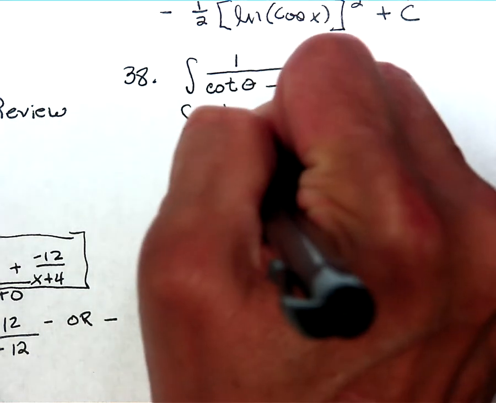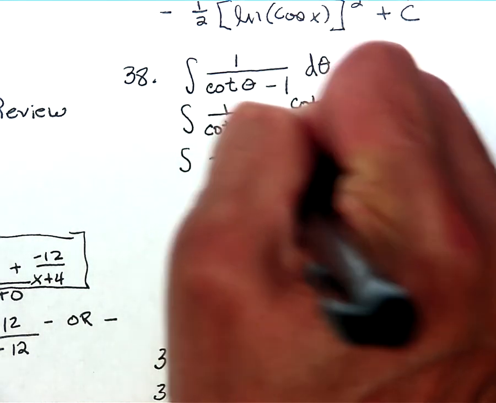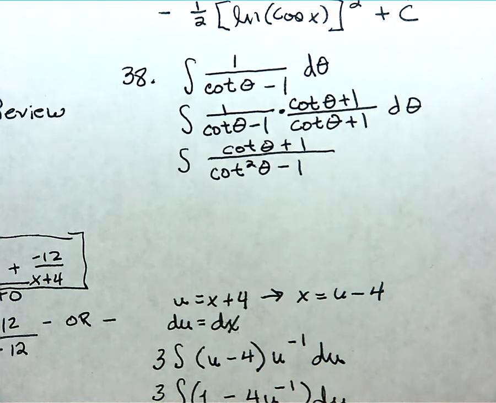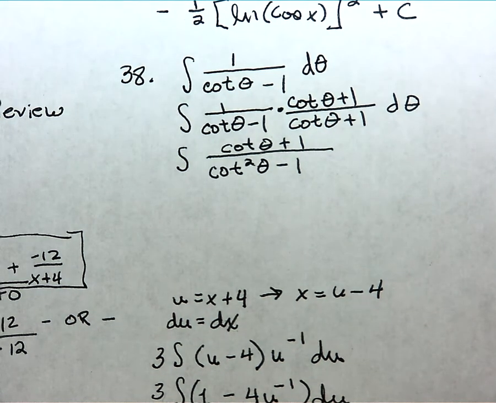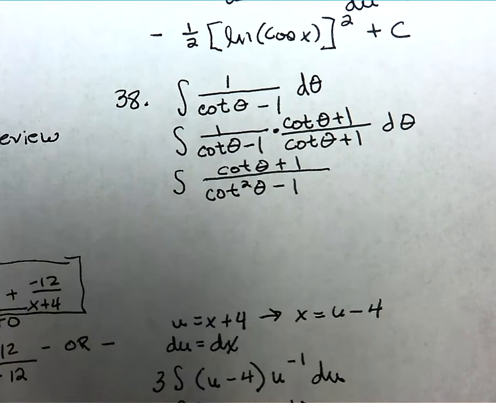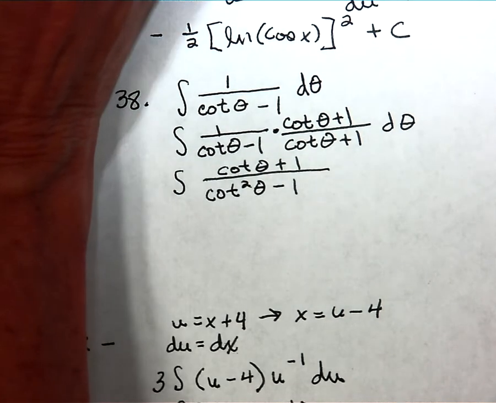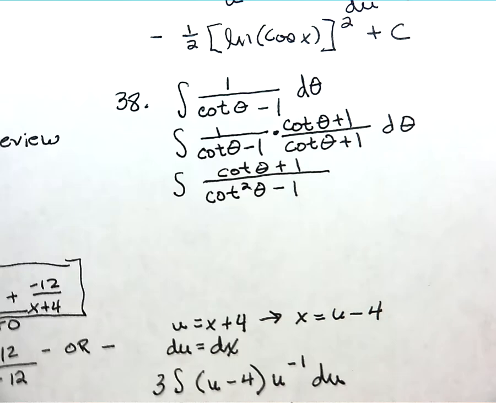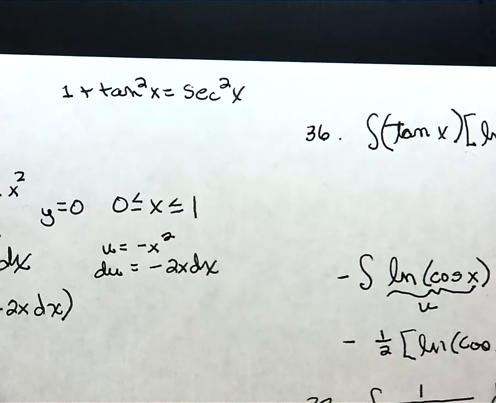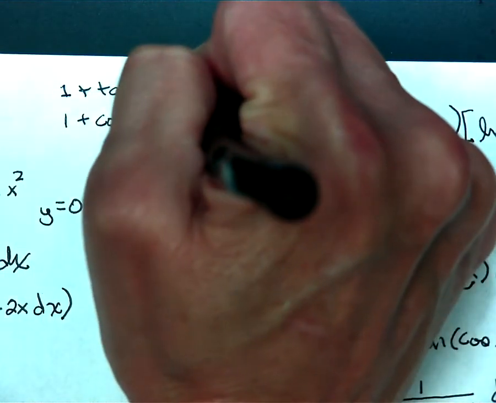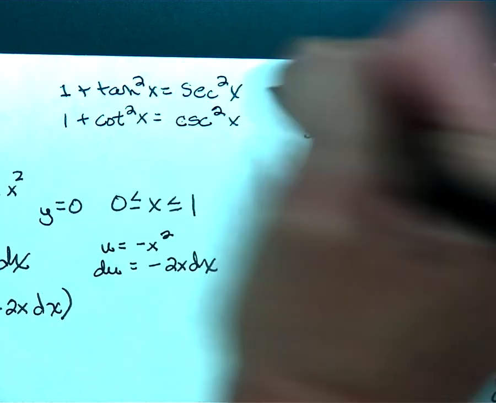becomes cotangent squared theta minus 1. And I might just have to have my Pythagorean identities written down at the top of my paper. Certainly I can write them down if I need it. 1 plus tangent squared equals secant squared. And 1 plus cotangent squared equals cosecant squared.